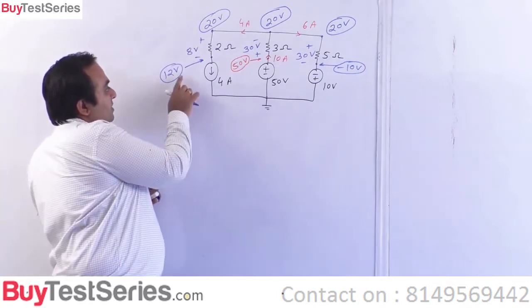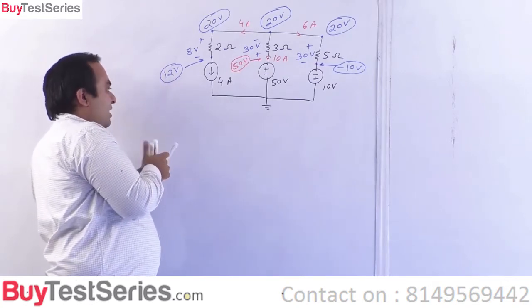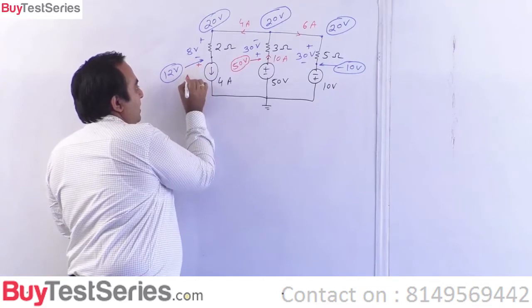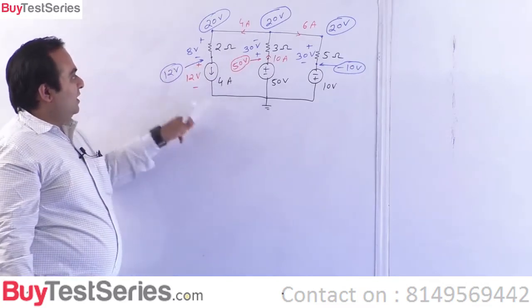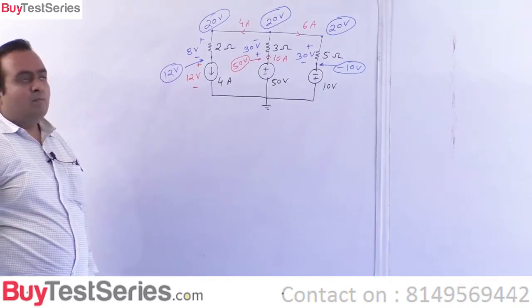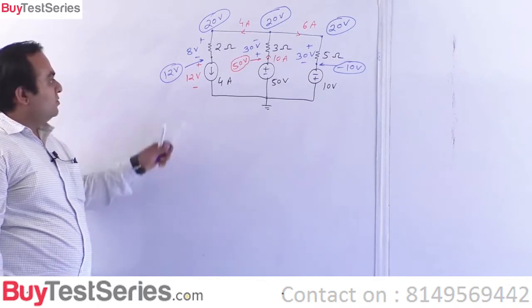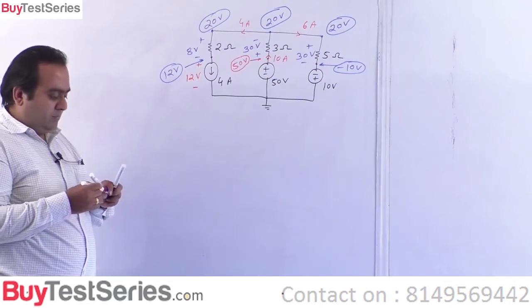And see, if this is 12 volts, then it has to be written across this current source in a way like this, so that this 12 volt is with respect to reference and this 12 volt is entirely across the current source. Is this okay? So you see, this 4 ampere current source is consuming.